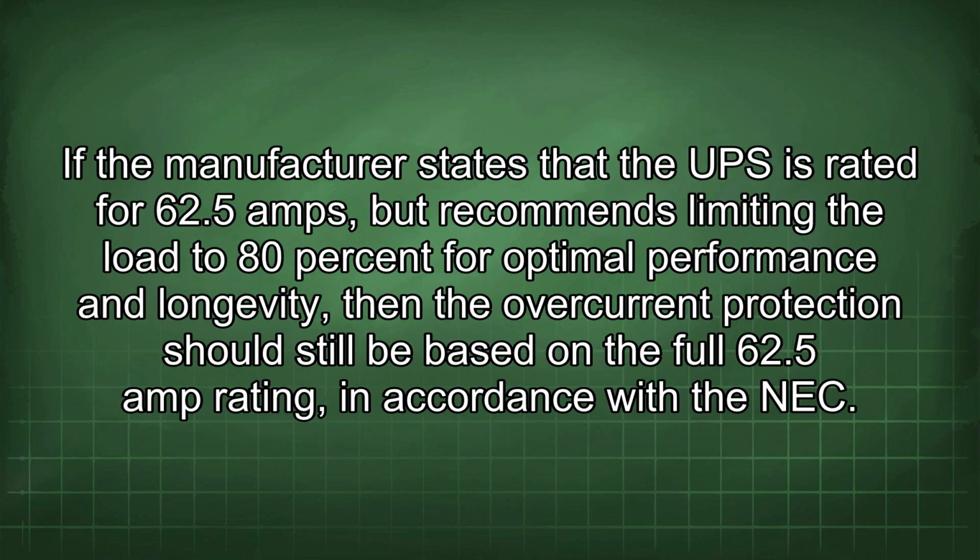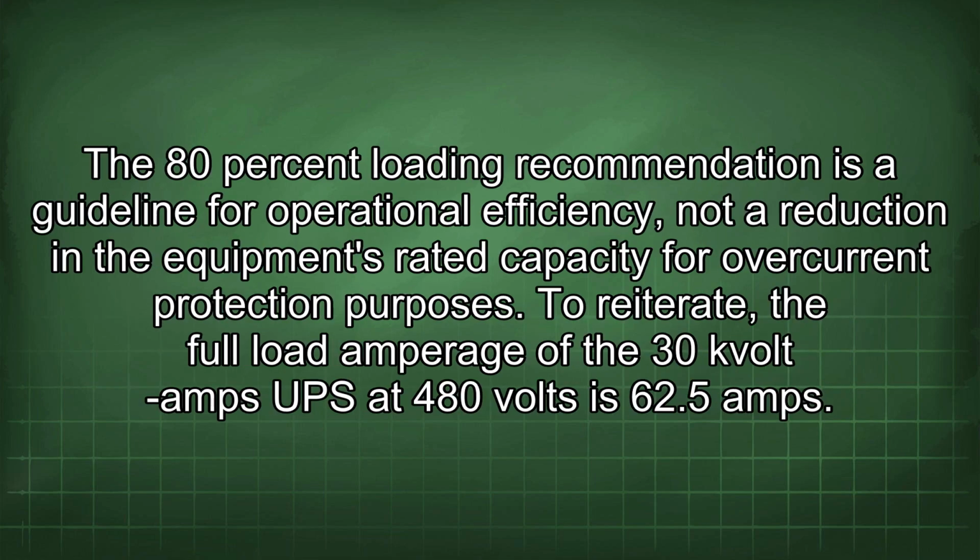If the manufacturer states that the UPS is rated for 62.5 amps, but recommends limiting the load to 80% for optimal performance and longevity, then the overcurrent protection should still be based on the full 62.5 amp rating, in accordance with the NEC. The 80% loading recommendation is a guideline for operational efficiency, not a reduction in the equipment's rated capacity for overcurrent protection purposes.